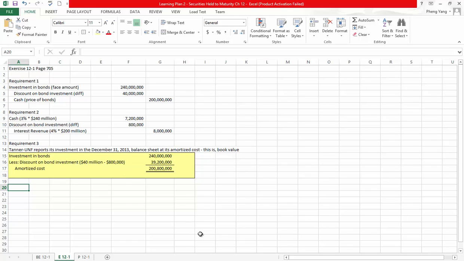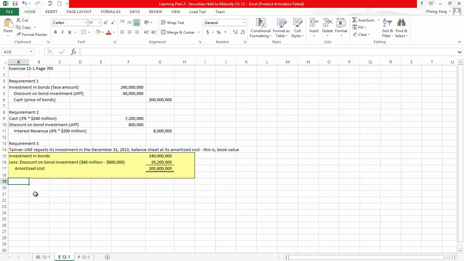Okay. So just keep in mind that if sale before maturity isn't an alternative, increases and decreases in the market value between the time the debt security is acquired and the date it matures to pre-arranged maturity values are relatively unimportant.